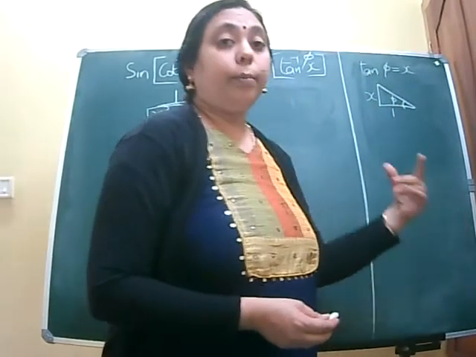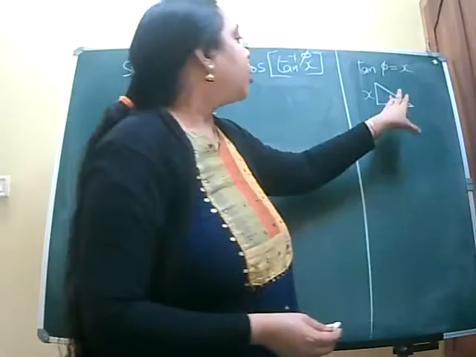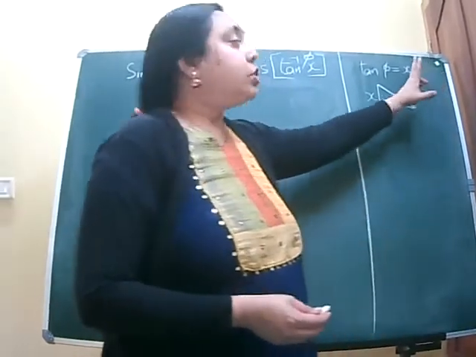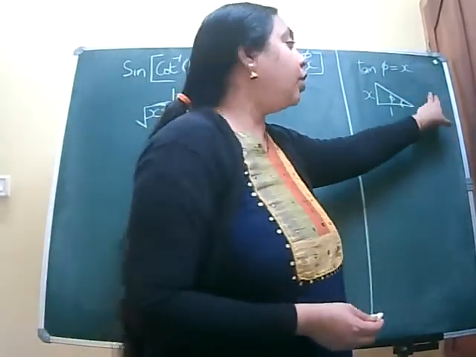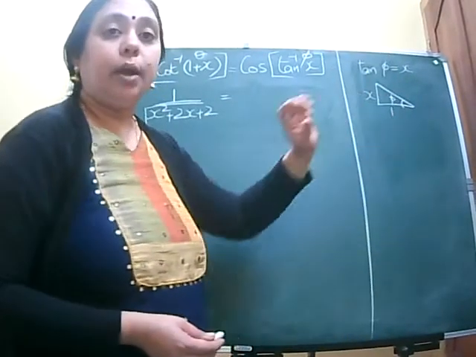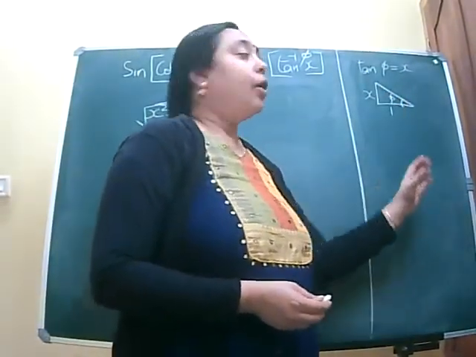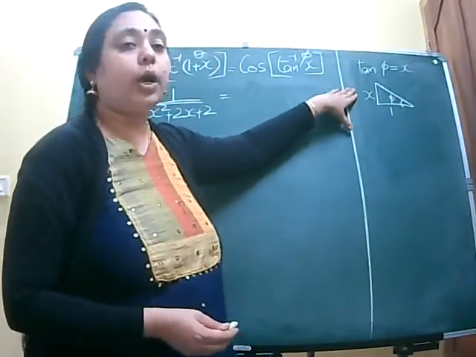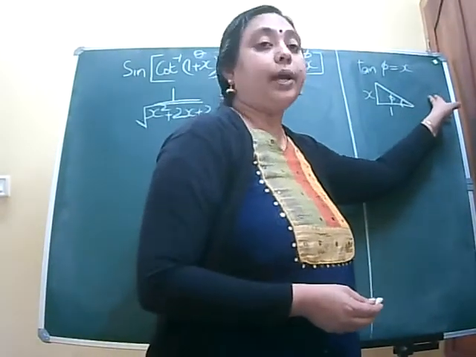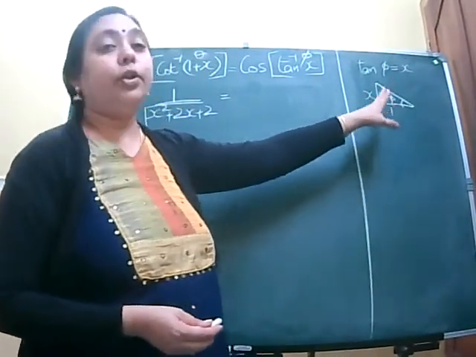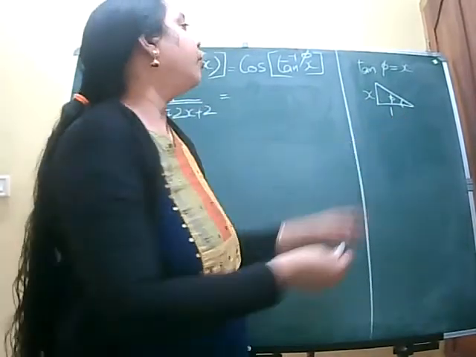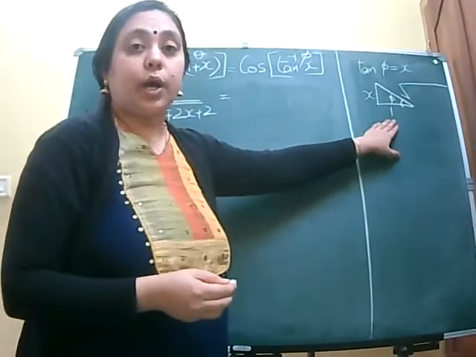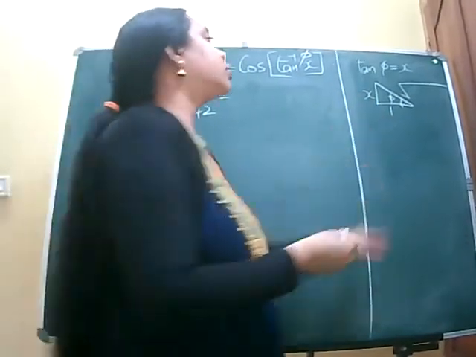By definition, cos phi is adjacent side by hypotenuse. So, we have to find out the value of hypotenuse using Pythagoras theorem. Pythagoras theorem is base square plus altitude square is hypotenuse square. So, here hypotenuse is square root of base square plus altitude square.